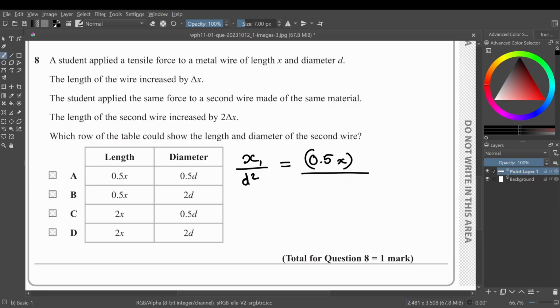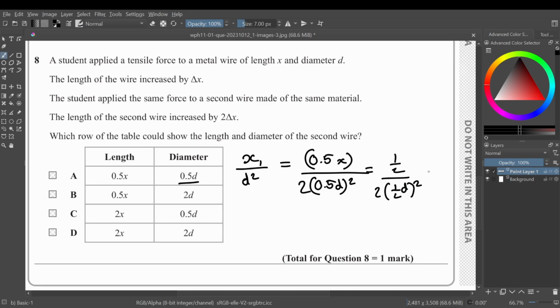Instead of x2 we replace x2 with this, and with d we replace this value, which becomes 2 times of 0.5 d whole square. Now if you write it in fractional form, it will be much easier to understand. So it's 2 times of 1 by 2 d square.